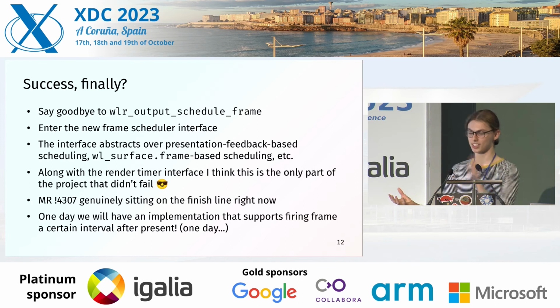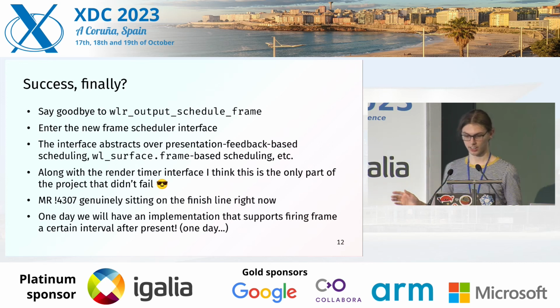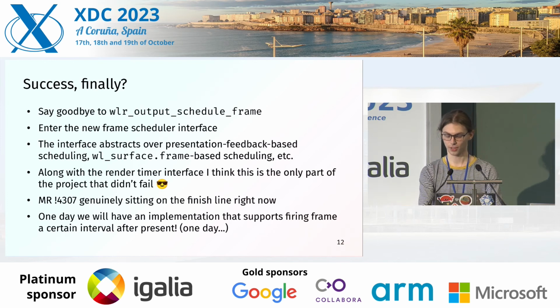Compositors will eventually be able to say that into the scheduler, and then the scheduler will do its magic behind the scenes and have a simple interface like the one before, and will allow us to get these latency wins hopefully without too much churn downstream.